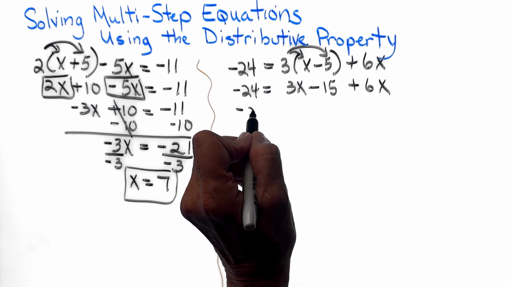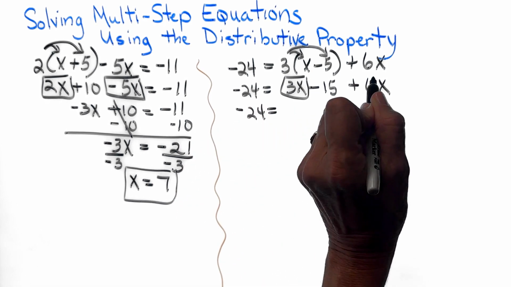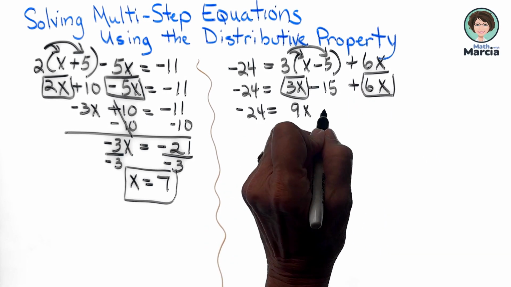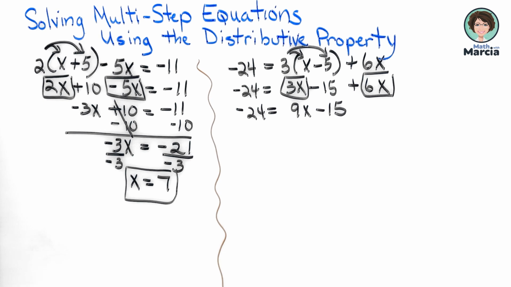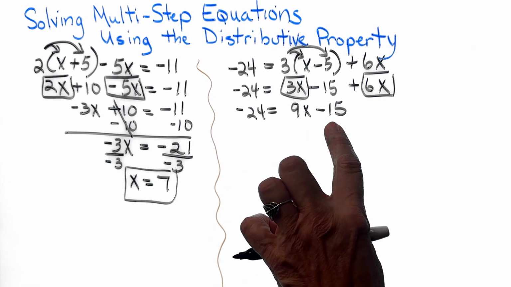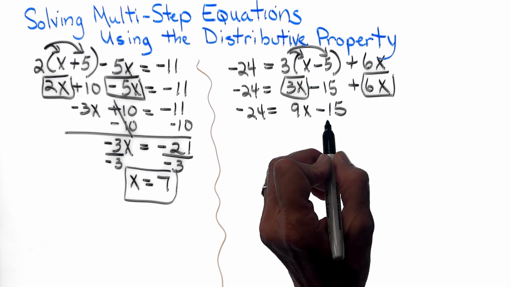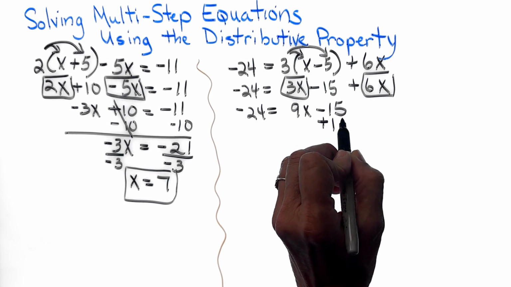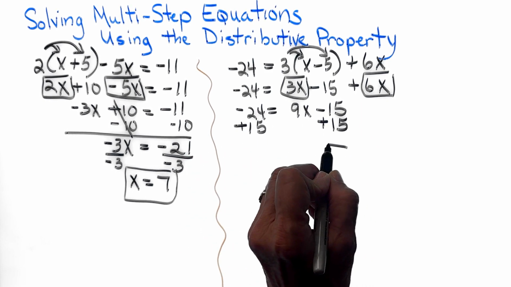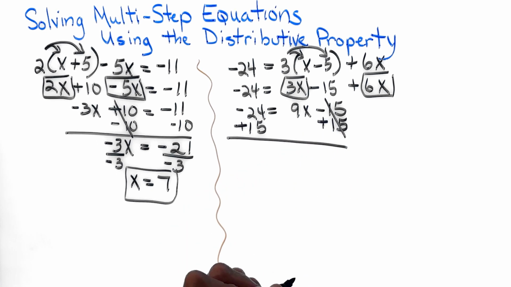So now I can see on the right side, I can put my x's together, and I have 9x minus 15. In order to get the x by itself, I must get rid of this 15. So I'm thinking about that minus 15 being a negative, so I'm going to add the opposite to each side of the equation, because whatever you do to one side of the equation, you have to do to the other.